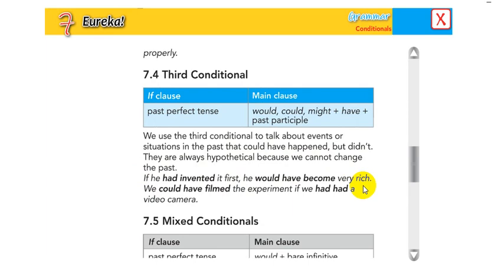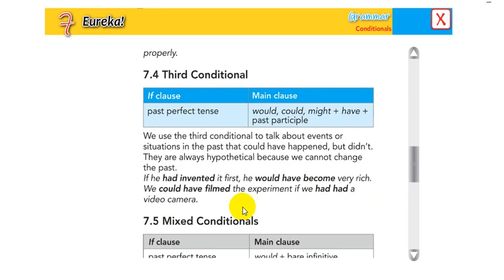So this didn't happen. I'm talking about things which didn't happen in the past, hypothetical situations in the past. Another example here: we could have filmed the experiment if we had had a video camera, which means we couldn't film it because we didn't have a video camera.